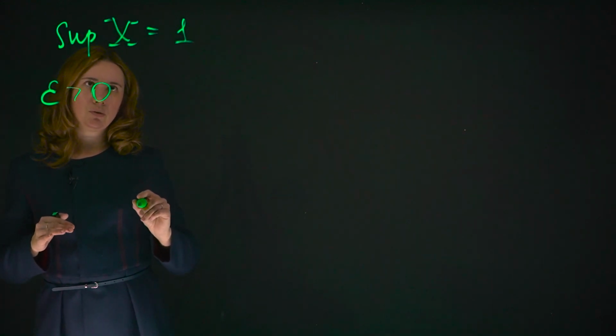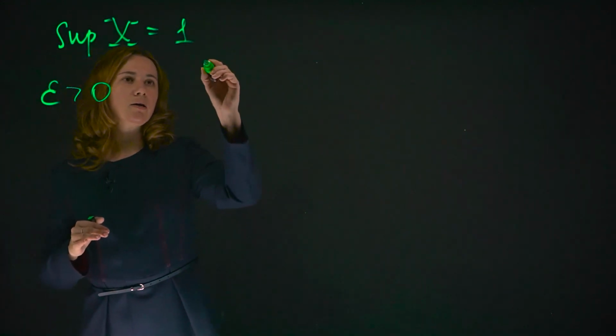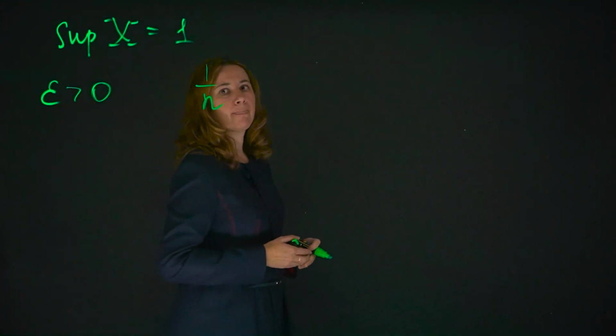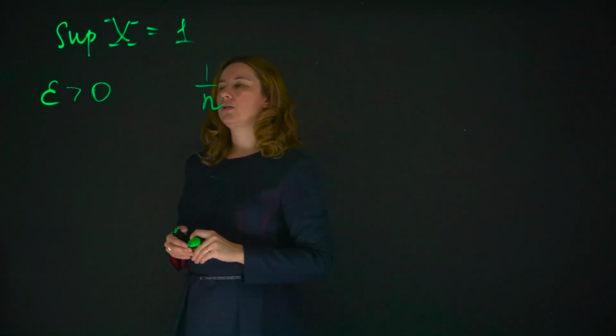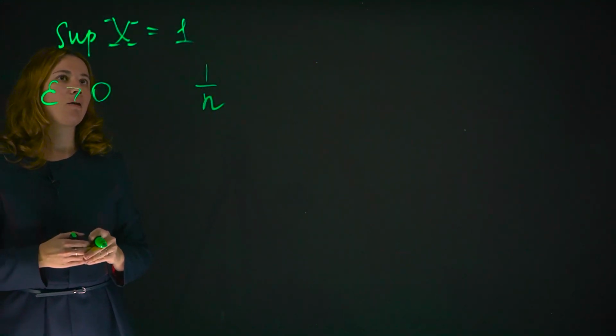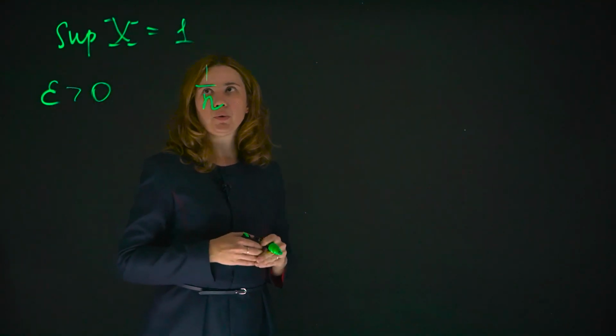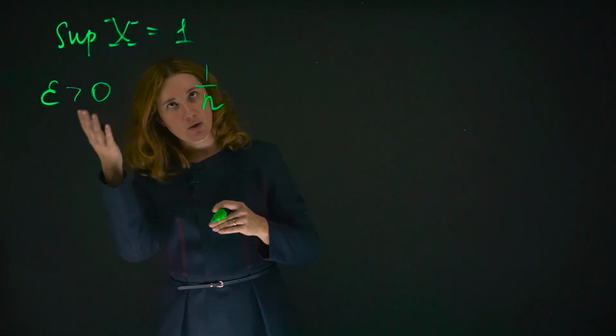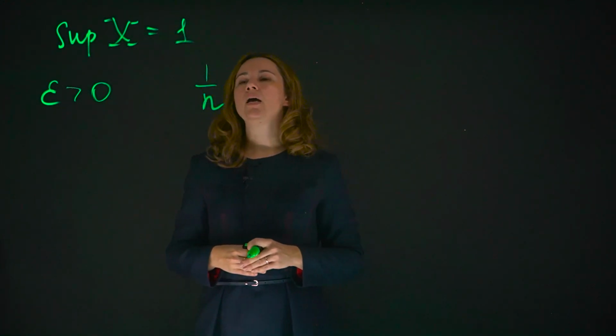Well, so our x is 1 over n, and our supremum is 1. We need to prove this statement that the supremum is 1, so let's take 1 for this value.